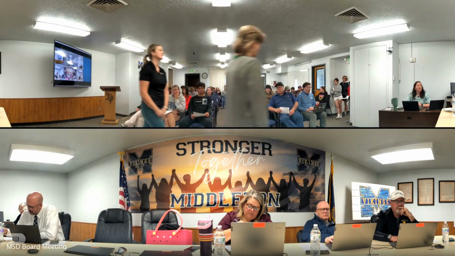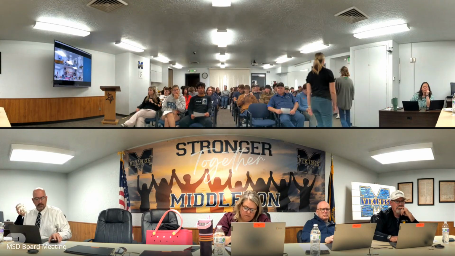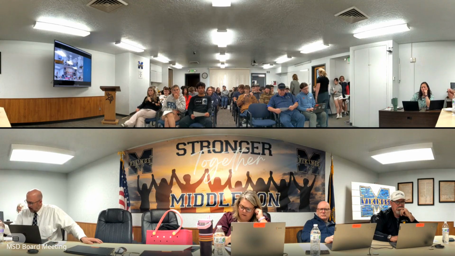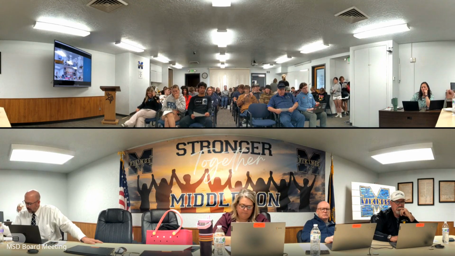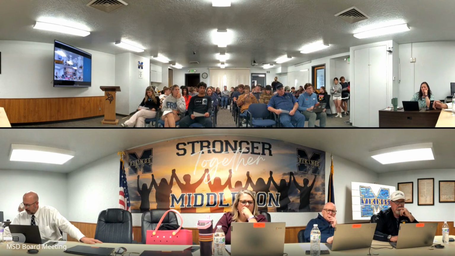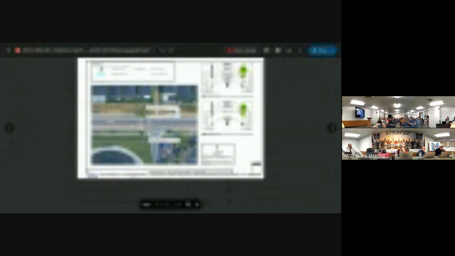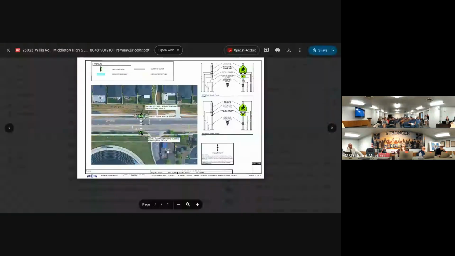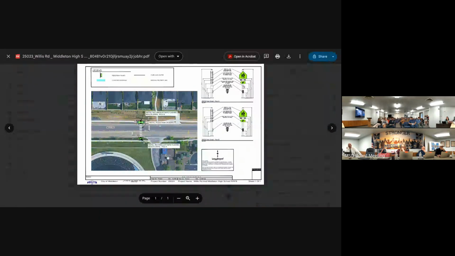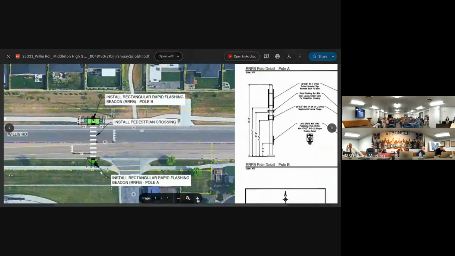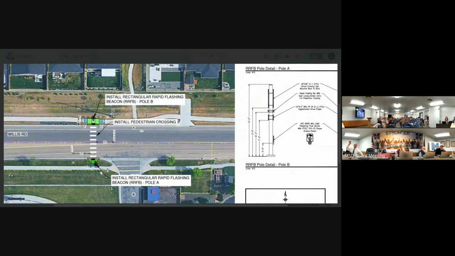All right, so let's move on to crosswalk talk. So we've been working together with our parent safety committee and the city of Middleton to identify some of the different needs that we have within the district. On this particular situation, it's the area up by the high school on Willis.